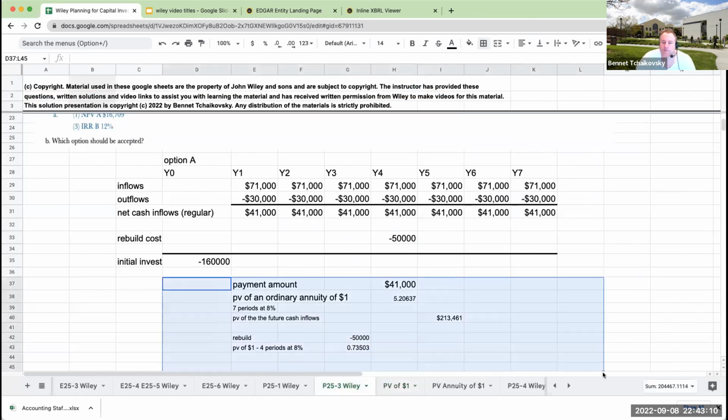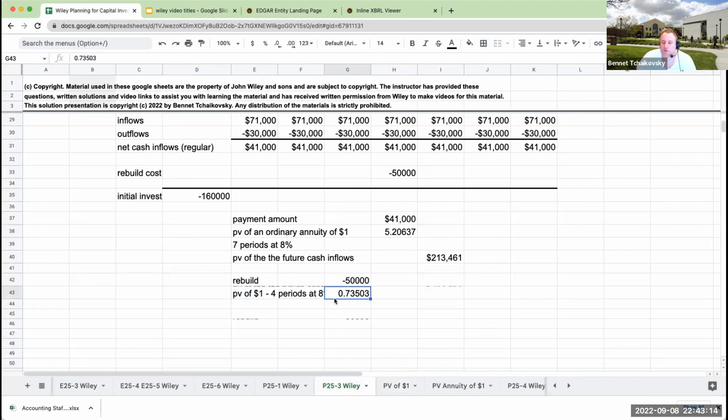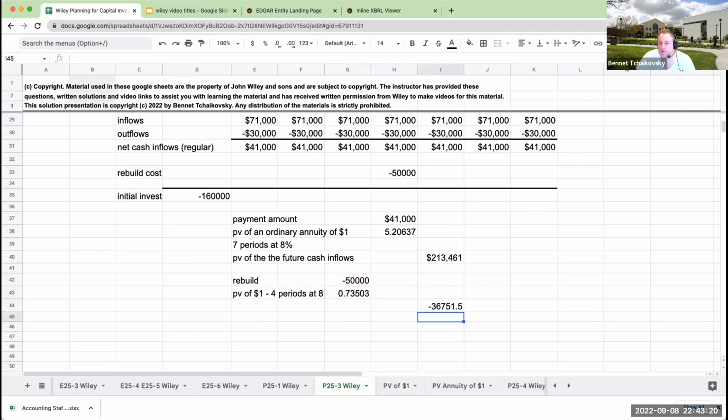So the value of this in today's dollars is going to be 50,000 times 0.73503, or negative 36,000. What I'm now going to do is also subtract my initial investment.